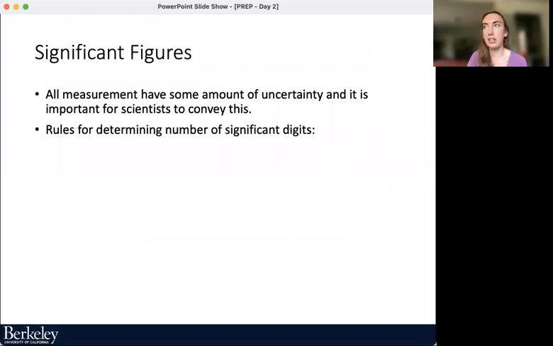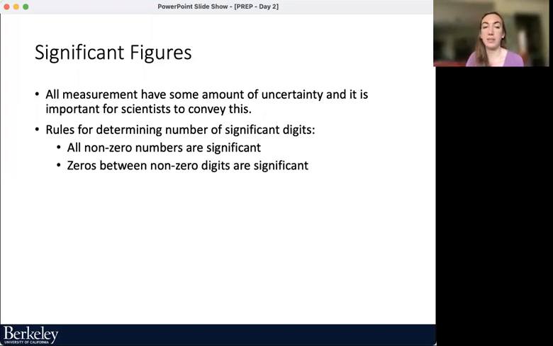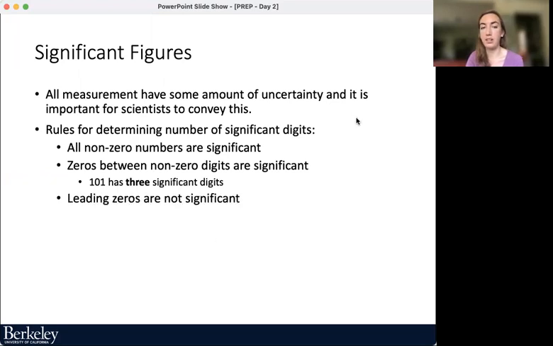So when you look at a number, you can determine how many significant digits that number has. Any number that's not 0 is significant. And zeros between non-zero digits are also significant. So for example, the number 101 has 3 significant digits. But leading zeros are not significant.